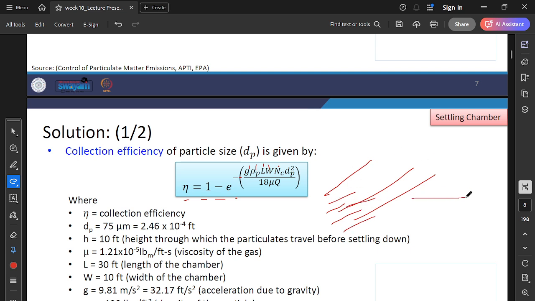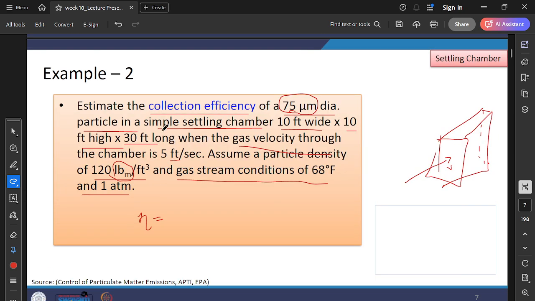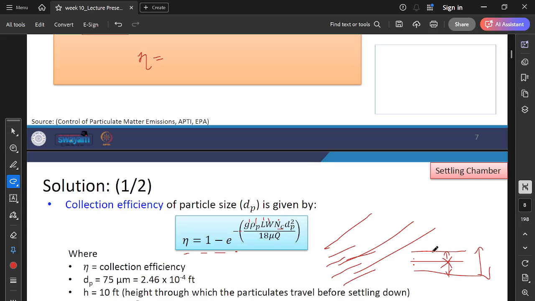Instead of 3 meter height, if I put a partition in between, height will become 1.5 meter. If height is reduced, particle settlement will be more. So if there are two compartments, Nc you have to take as 2. But here they are saying a simple settling chamber with no compartments. So there is only one compartment, so Nc will be 1.